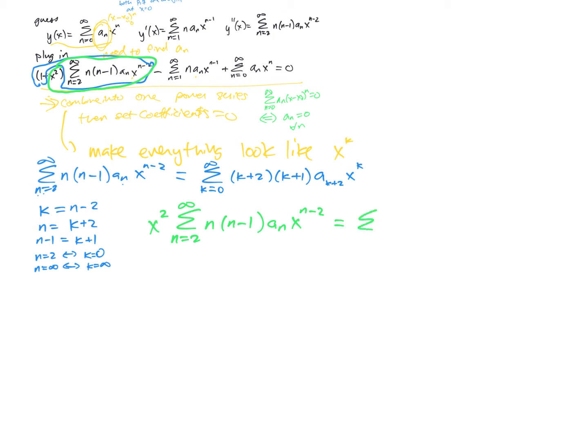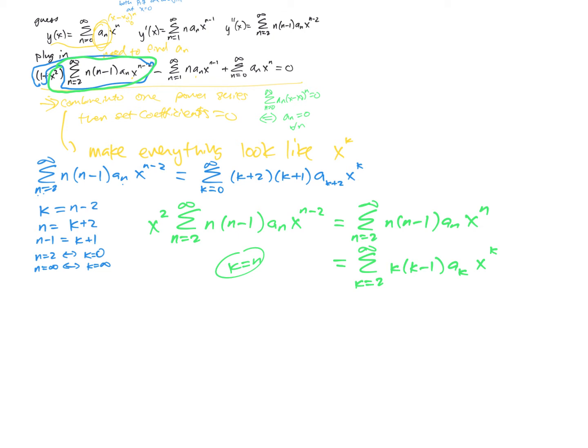So that's equal to the sum from n equals 2 to infinity of n minus 1, a n, x to the n, because if I multiply every single term in my power series by x squared, I increase the exponent by 2 each time. So now this is super easy because I have an x to the n here. I want it to look like x to the k, so all I do is set k equals n. And so that's equivalent to the sum from k equals 2 to infinity of k minus 1, a k, x to the k. Remember, k is just a dummy variable that only exists within the sum, just like the integrating variable in an integral.